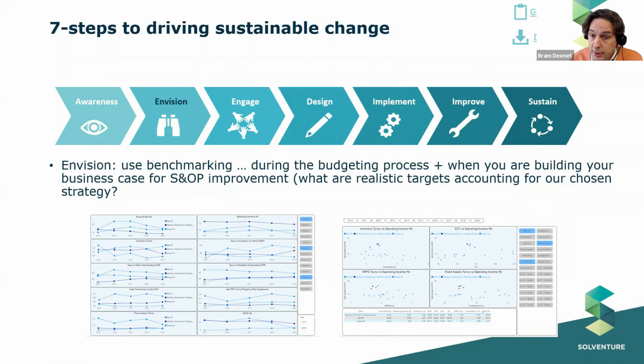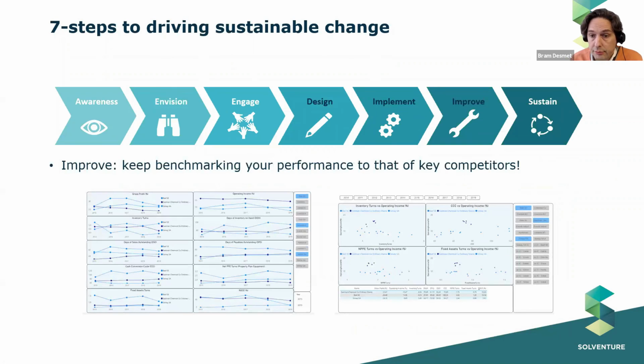During the budgeting process, very relevant. When you're building the business case for S&OP, very relevant. But I would say also try to incorporate this type of information in your exec S&OP process. If you have an exec S&OP meeting and everybody says hooray because we have grown with 15%, but all of your competitors have grown with 30%, then maybe there shouldn't be too much of a hooray.